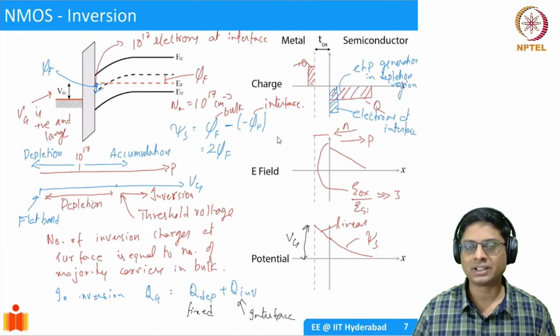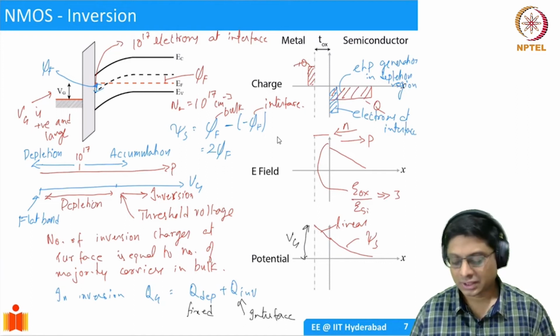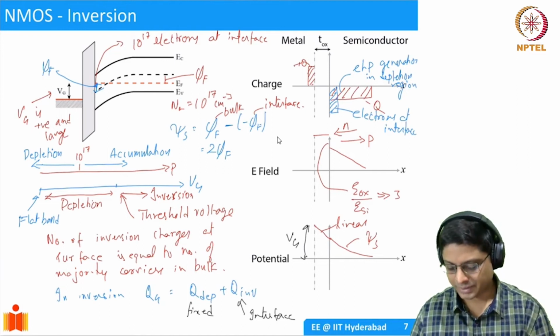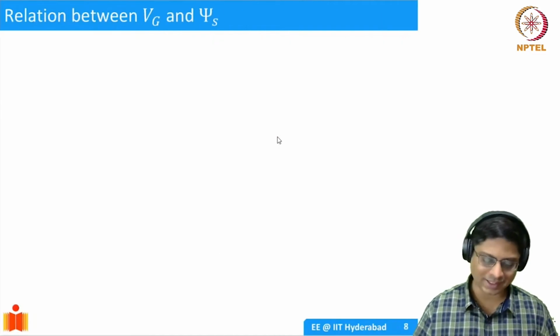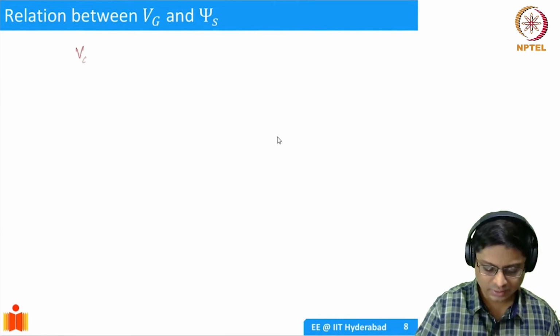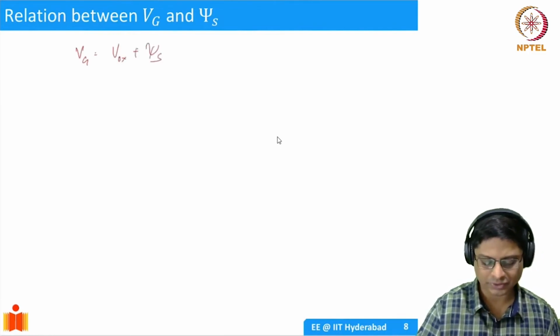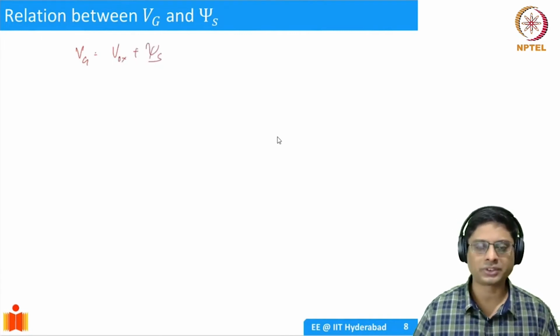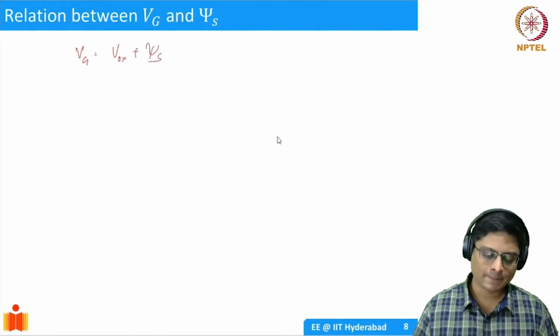Remember, we said at threshold psi s is 2 phi F. That's something that we can easily compute. But let's look at what is the exact relation. So what we are seeing is Vg is equal to oxide potential plus surface potential, right? So potential drop across the semiconductor.